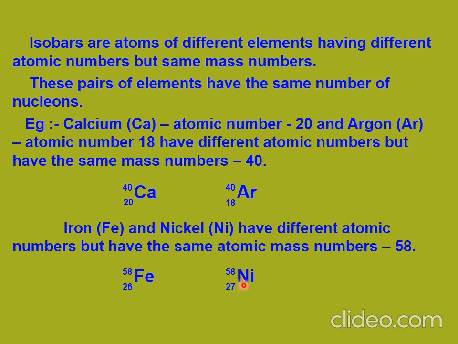Similarly nickel, symbol Ni, has atomic number 27, but the mass number is again the same as iron, that is 58. So these are also isobars, because they have different atomic numbers, written on the lower left side, and the same mass number.